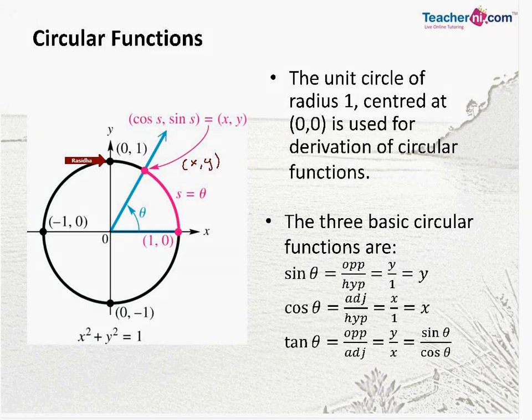Sine theta is defined as the opposite side by the hypotenuse. And see the hypotenuse here. If I draw the triangle over here, it will be 1, because this is the hypotenuse.